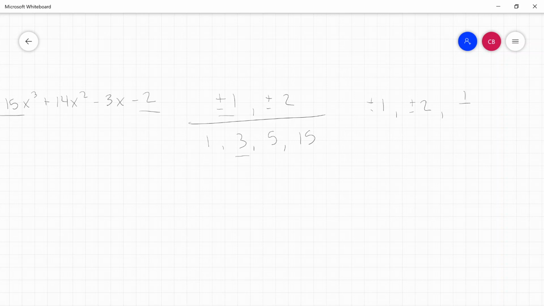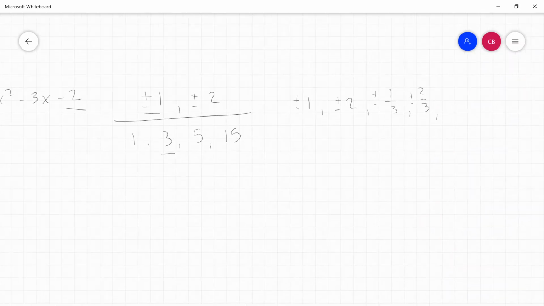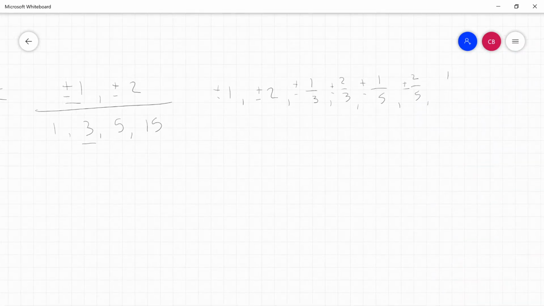So we have 1/3 plus or minus, and 2/3 plus or minus, and so on and so forth. 1/5 plus or minus, 2/5 plus or minus, and finally 1/15 plus or minus, and 2/15 plus or minus. Now that's a lot of information. You have 1, 2, 3, 4, 5, 6, 7, 8 times 2, 16 different possible rational zeros.